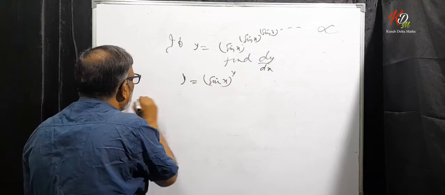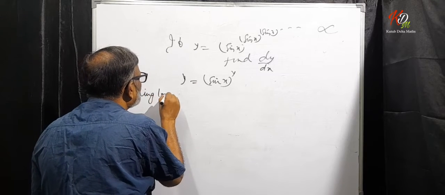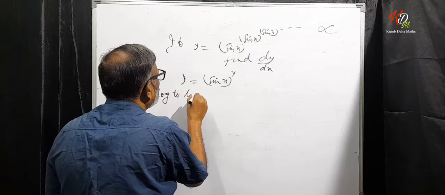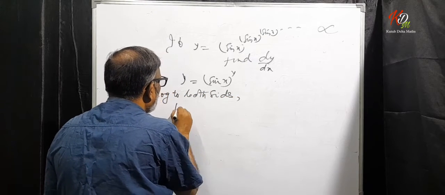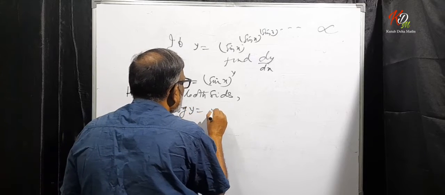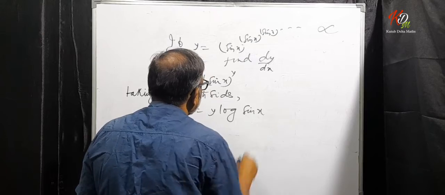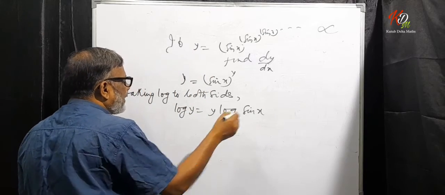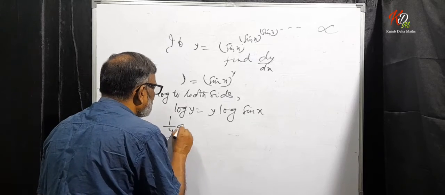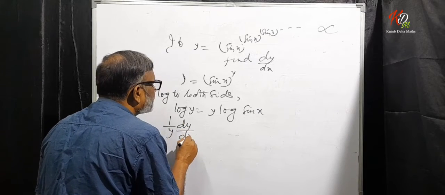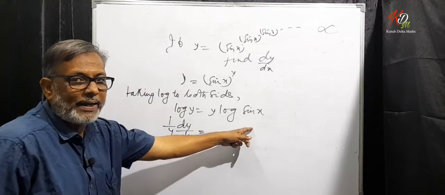Now taking log to both sides, log y equals y log sin x. Differentiating with respect to x, 1 by y dy/dx, using the u and v formula here.